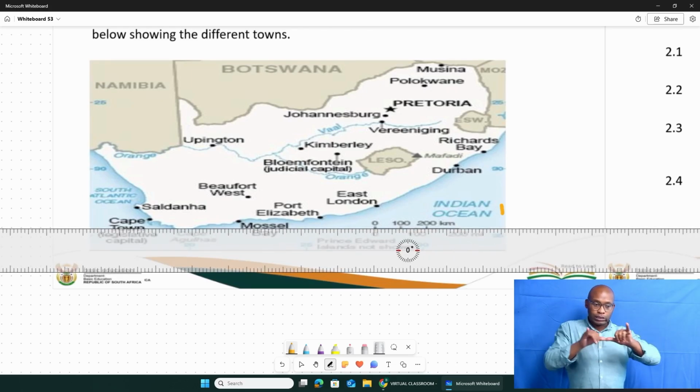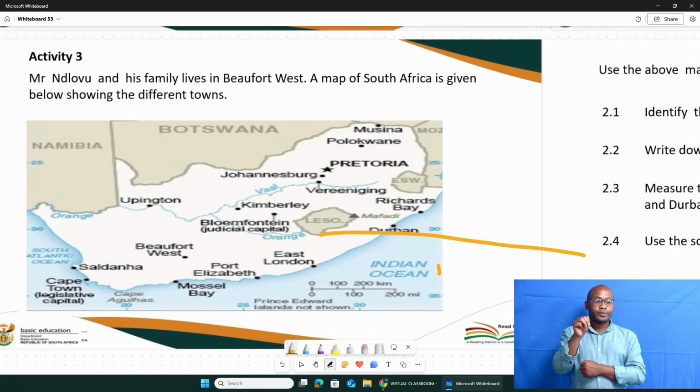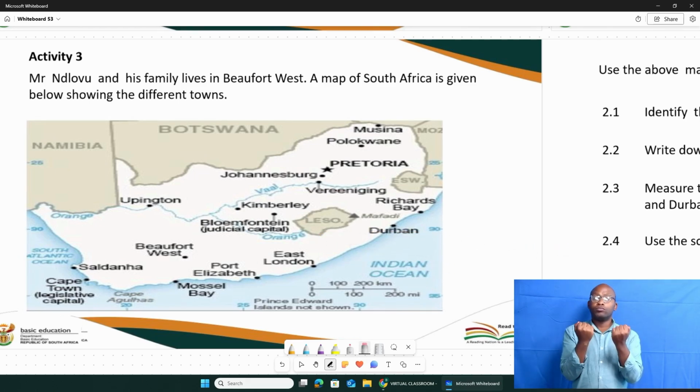It's 10, 20, and almost 30. So 30 millimeters is equal to 200 kilometers.